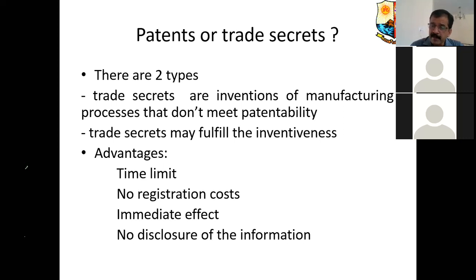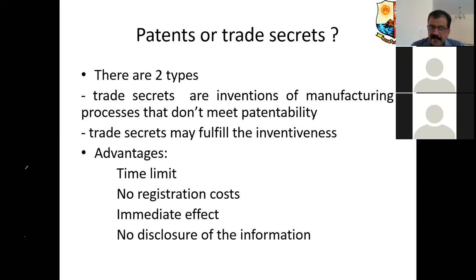The second type is trade secrets that may fulfill the inventiveness. It is worth registering as a patent. Now, what will the owner do, whether he registers or does not register? It is better to register a trade secret.